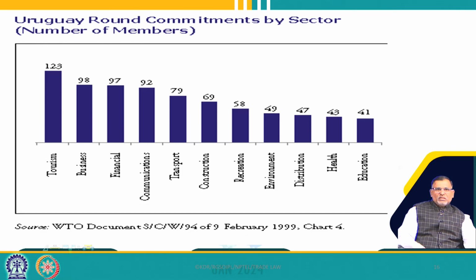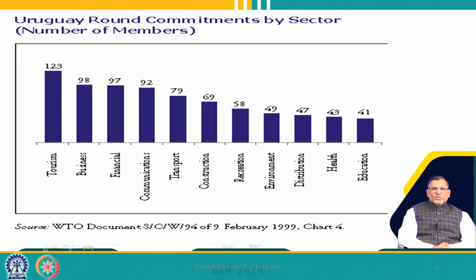This is a little bit old data, but what it says is that the largest commitments were made within the period of 1995 to 1999, and they show that the largest commitments were made by members in the tourism sector, second is business, third is financial, and fourth is communication services.